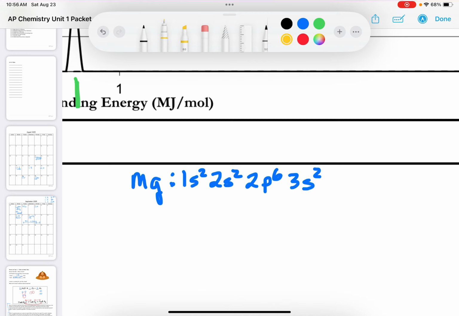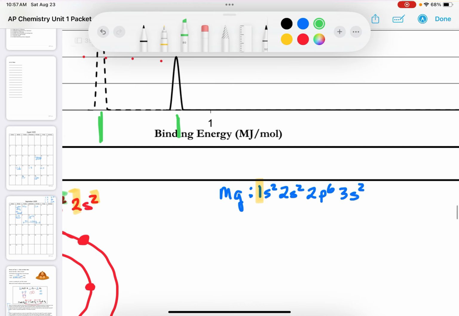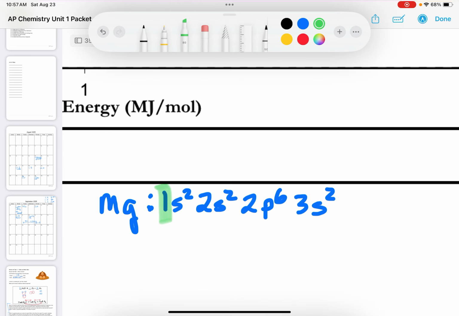Now, a couple of things. Let's go with the green first. Okay, so we have 1 energy level. We have a second energy level.